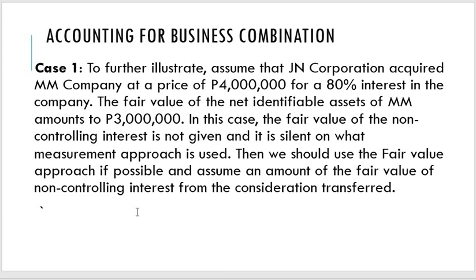So we have here case 1, to illustrate the methods of measuring goodwill and non-controlling interest. Assume that JN Corporation acquired MM Company at a price of 4 million for an 80% interest in the company. The fair value of the net identifiable assets of MM amounts to 3 million.